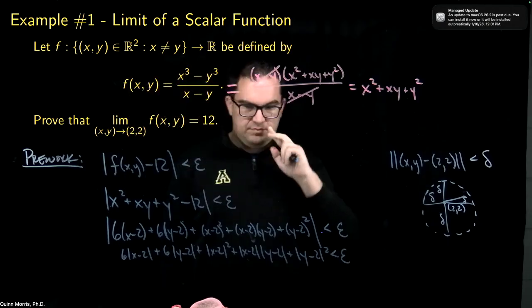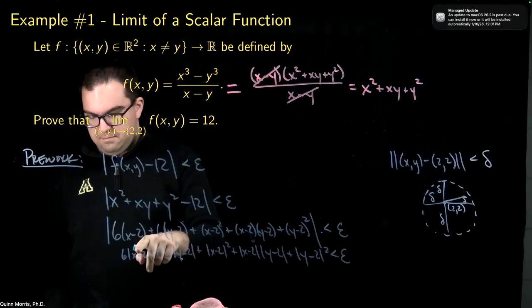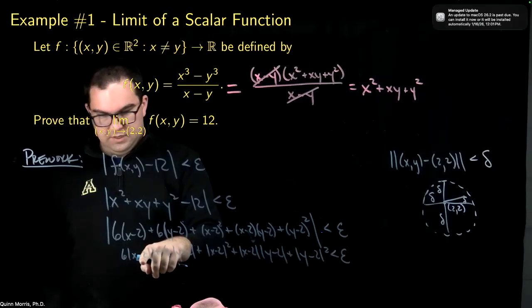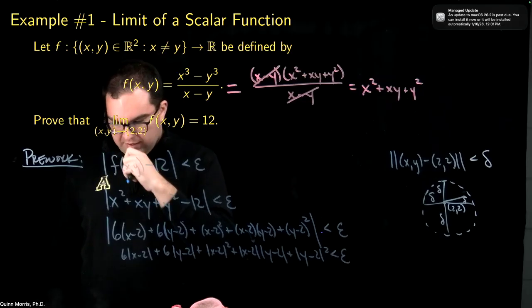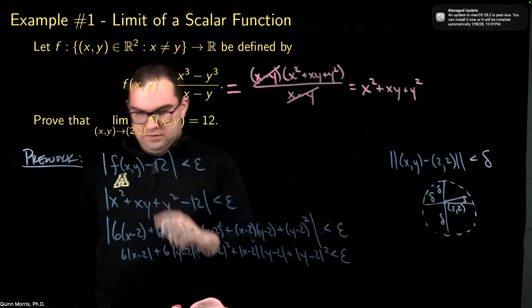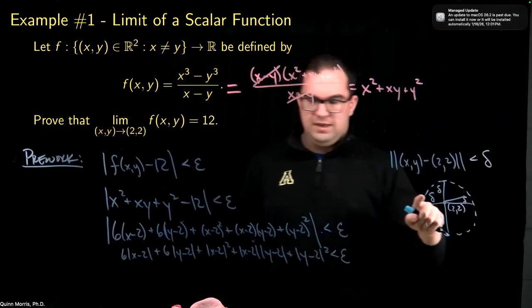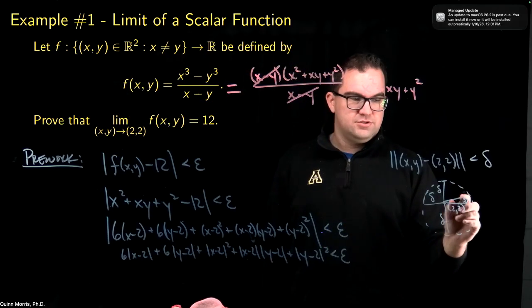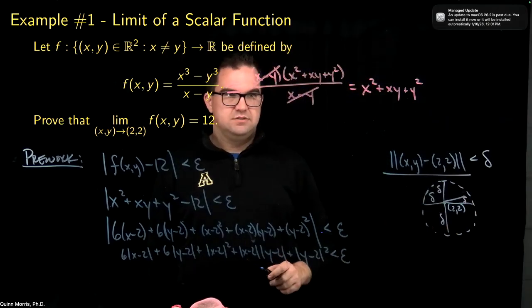Now, if I think about this just in terms of x minus 2, if I look at these two things, the difference between any particular x value and 2, it certainly can't be more than this distance.